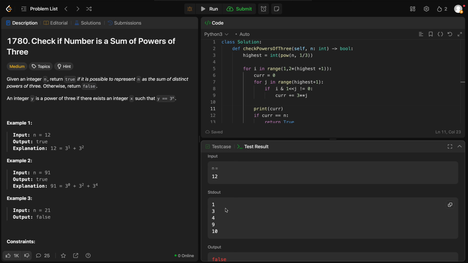So I missed here. For whatever reason, I missed 12 here. And why exactly did I miss 12?